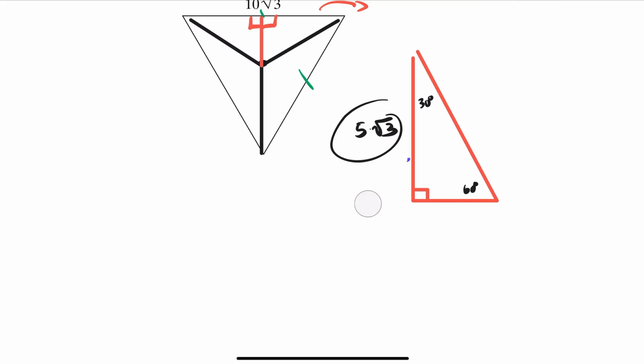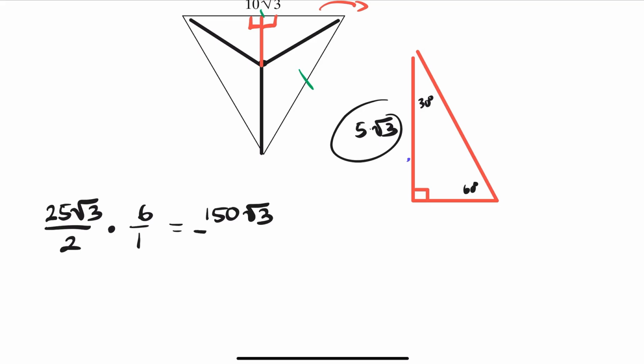So 25 root 3 over 2, and we're going to multiply that all by 6. And so now we have 150 root 3 over 2.